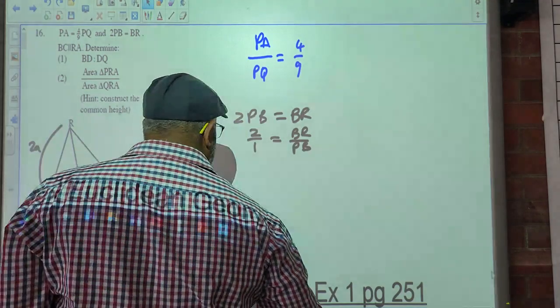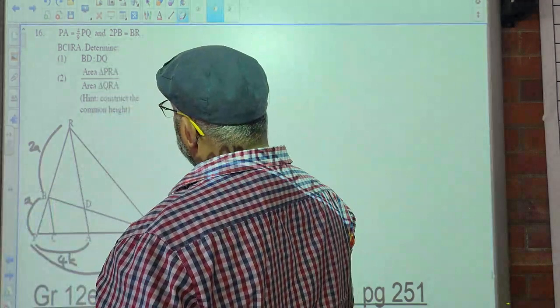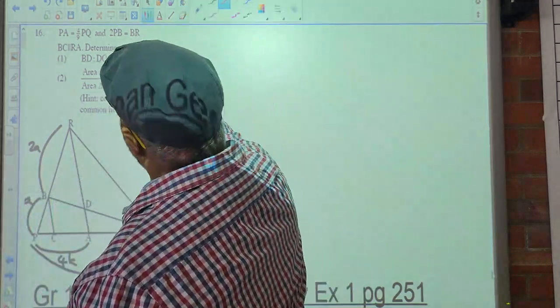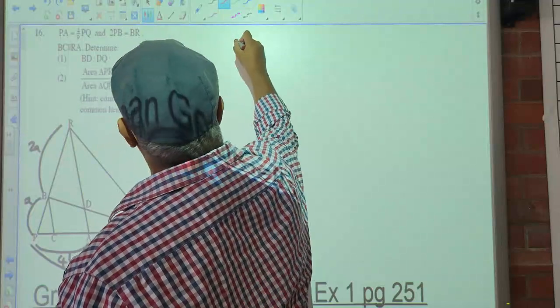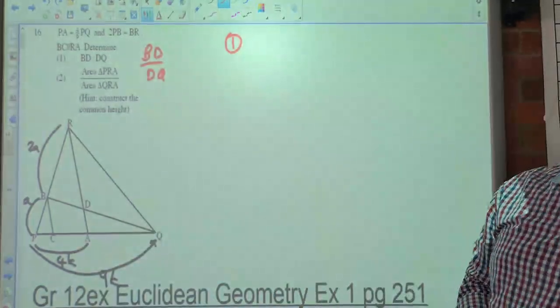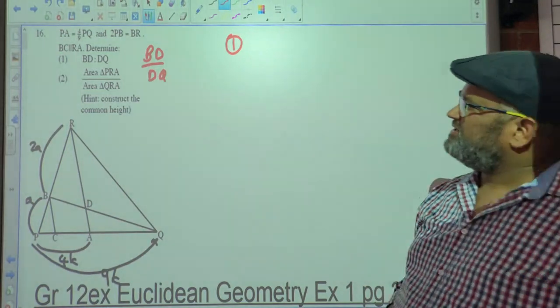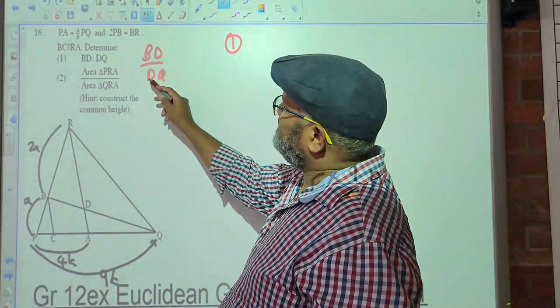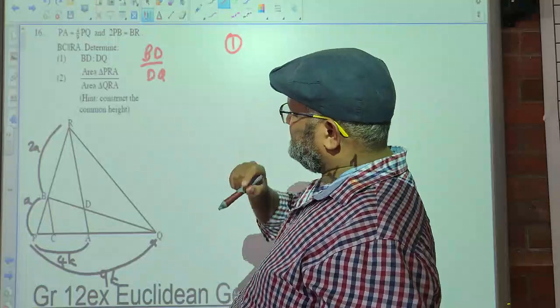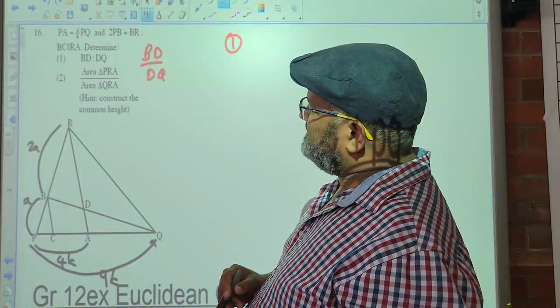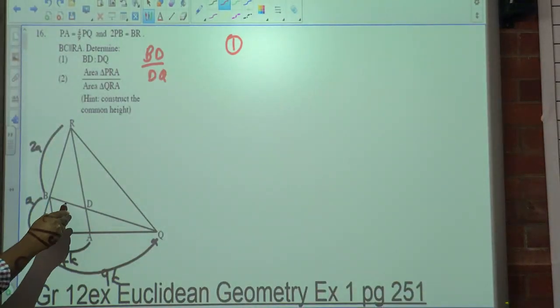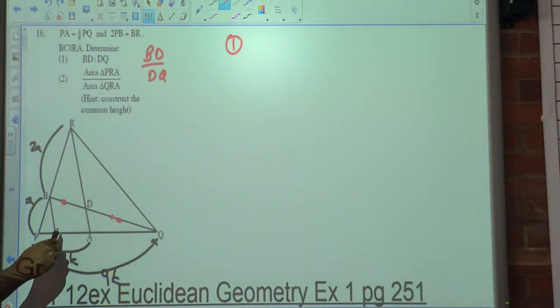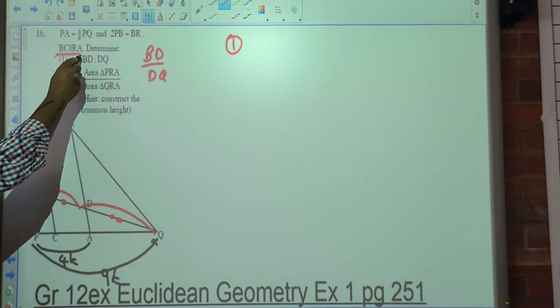Alright. Question 1. The question says, determine BD over DQ. So what are they talking about there? BD over DQ. So BD and DQ is this length here, not so. So BD over DQ is, oh yeah, they told us this is parallel.